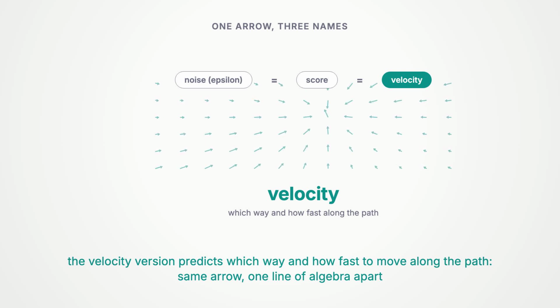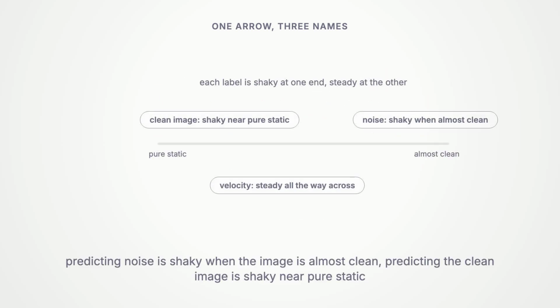So when a paper says it switched from noise prediction to velocity prediction and got better results, do not picture a new idea. Picture the same compass needle relabeled, because one labeling happens to be easier for the math to learn from. And there is a concrete reason which one wins.